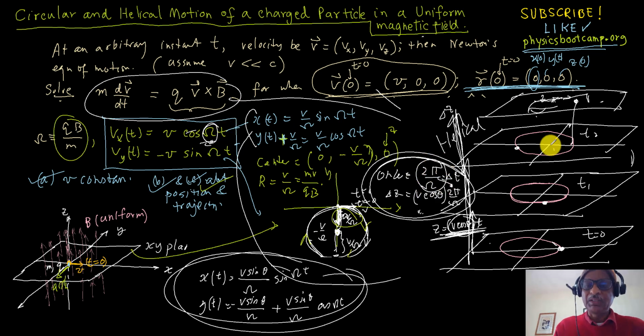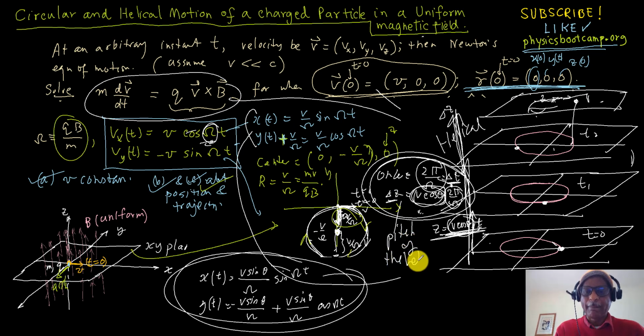Of course, twice around will be 2 times that, and things like that. Once you know the time around, you just use that time and the z velocity, the speed in the z direction, and that tells you the pitch. So this is also called the pitch of the helix. It's like this helix is repeating this distance along the z-axis.